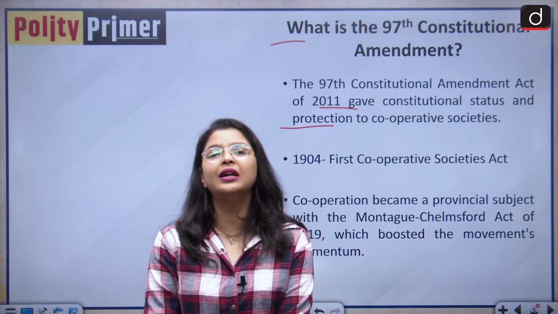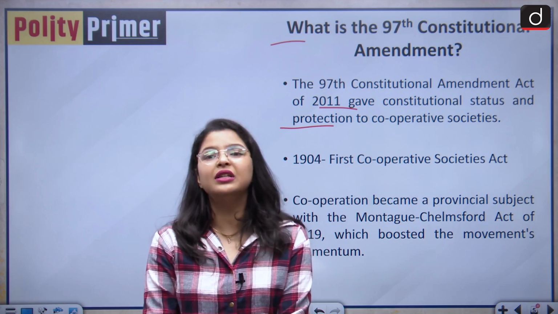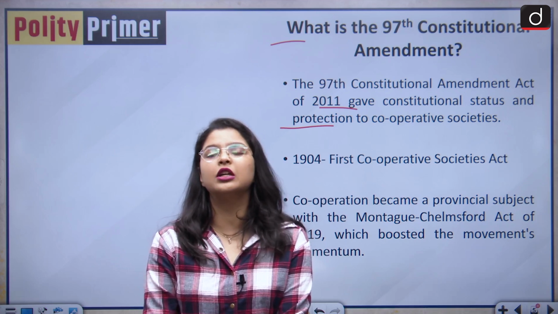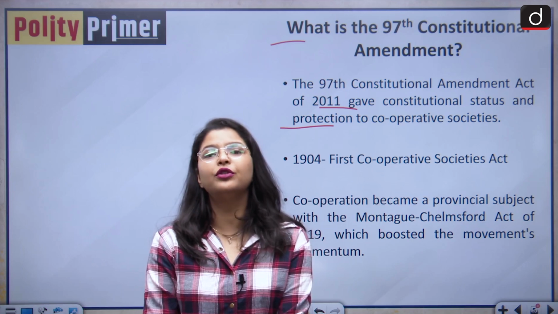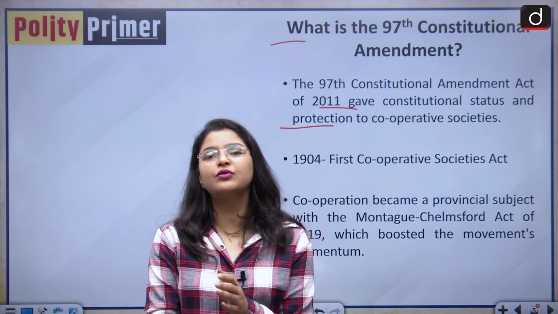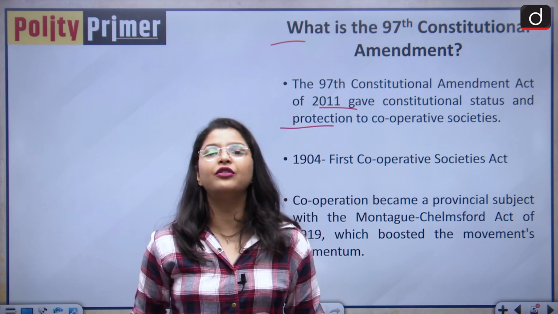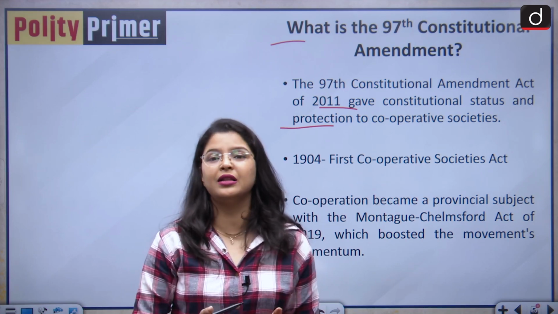Let me know the date in the comment box below. After this we provided the constitutional status to the cooperative societies. Before this amendment, it was not so that cooperative societies were not existing in India. In fact, they were existing since pre-independence as well.